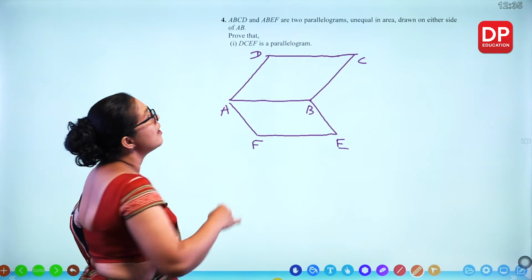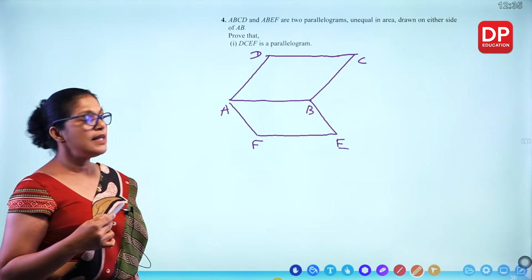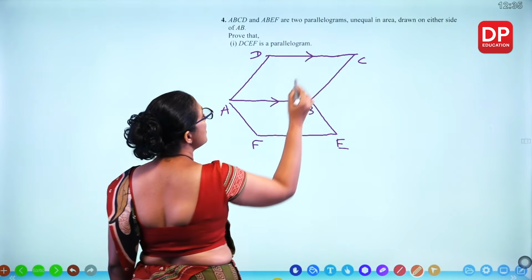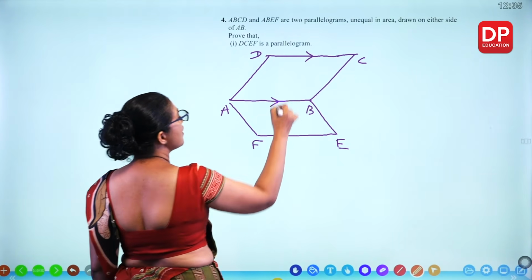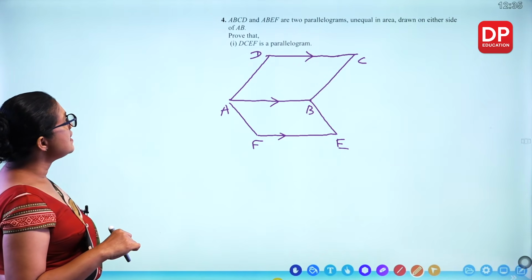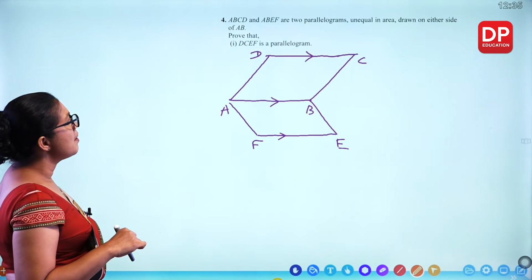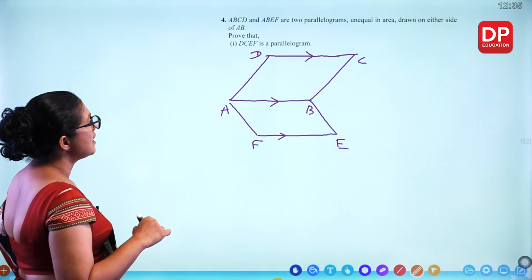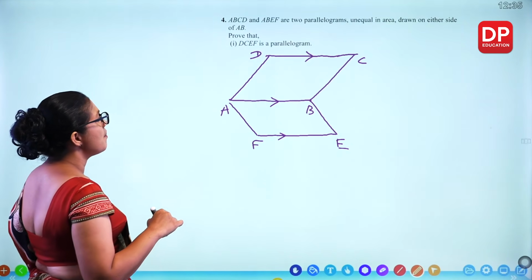Both are unequal in area, but we know this is parallel to this, and this one parallel to this one. Prove that DCEF is a parallelogram.